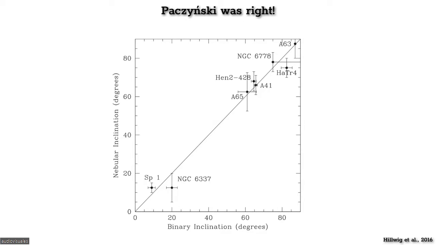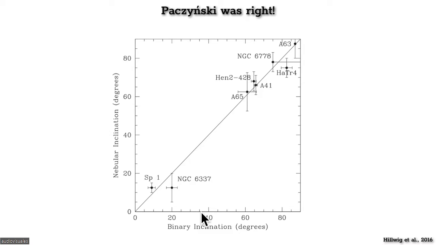And on top of that, in all the objects, so far about 8 objects or so, in which we have been able to measure the orientation of the nebula, which is easy, and also the orientation of the orbital system, we see that they are coincident. This is, by the way, required by the model I have talked about of these close binaries, where the orbit shrinks and then the nebula is ejected.